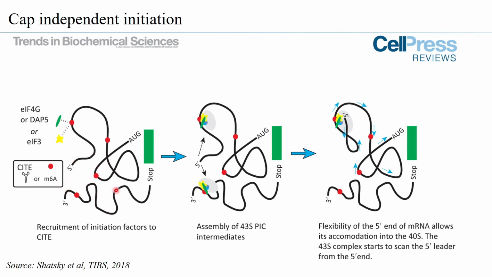And in such a scenario, you will find that the pre-initiation complex forms on the CITE or the 6-methyl adenine. So this is another important feature which has been associated with many cancer cells or with viruses that have infected a cell.